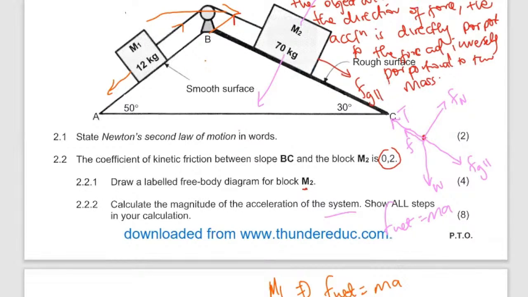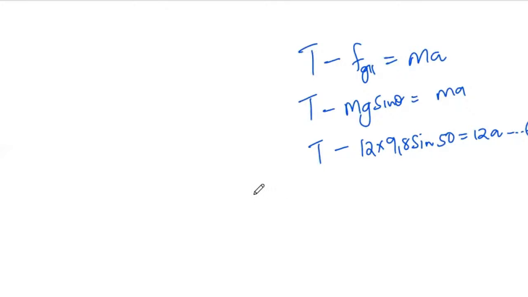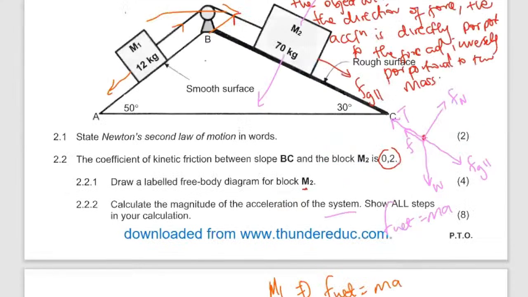Then when I consider M2, the FG parallel is going to be greater.